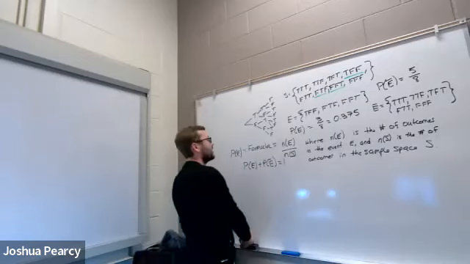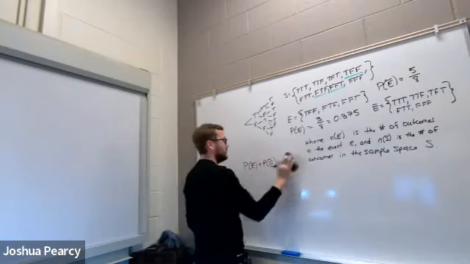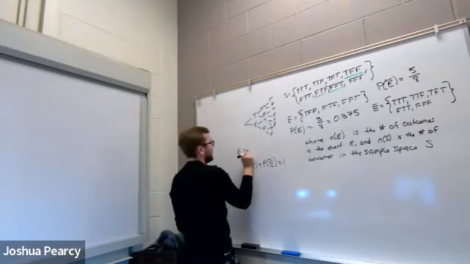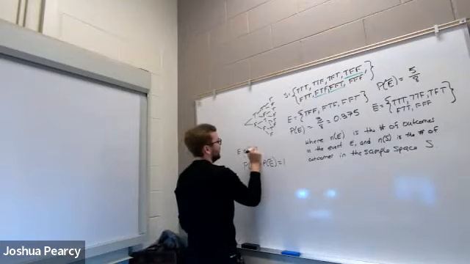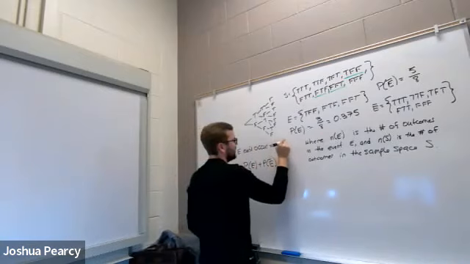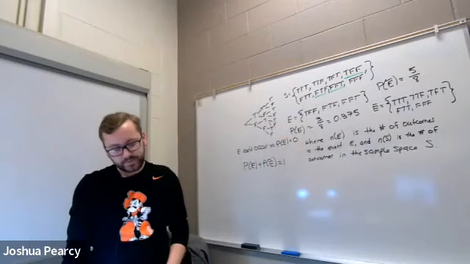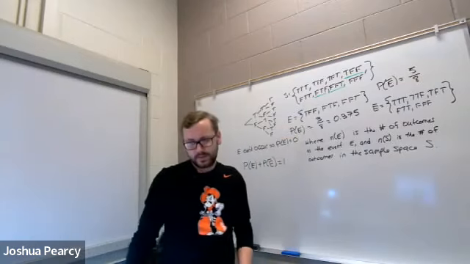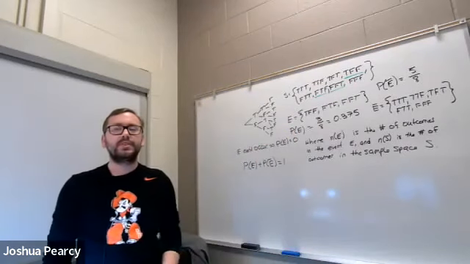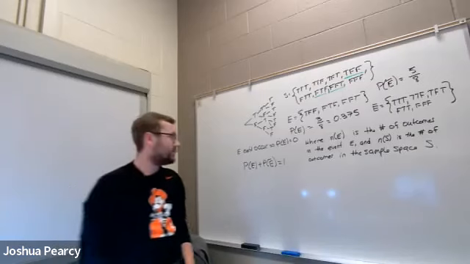If an event E cannot occur, then what do you think its probability should be? If E cannot occur, then obviously its probability should be 0. E can't occur implies the probability of E equals 0. And if E is certain to happen, then what should its probability be? Yep, 1.